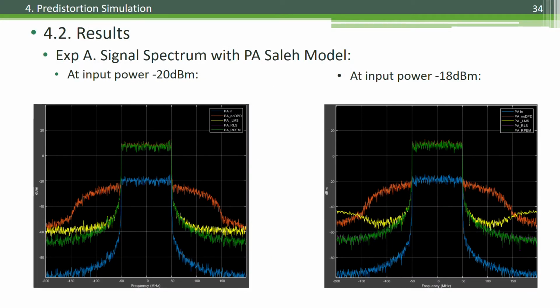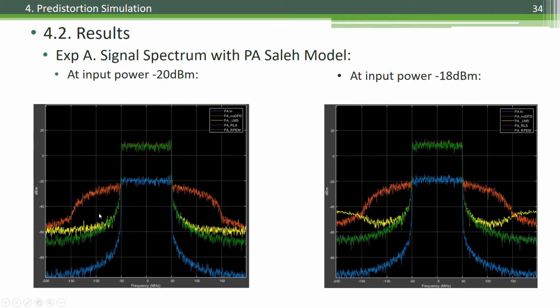In experiment A, signal spectrum with the Saleh PA model at the input power minus 12 dBm, we can see the spectrum regrowth at the PA output without predistortion is the orange here.